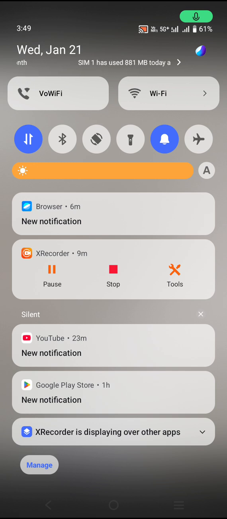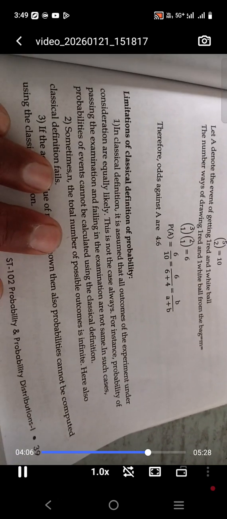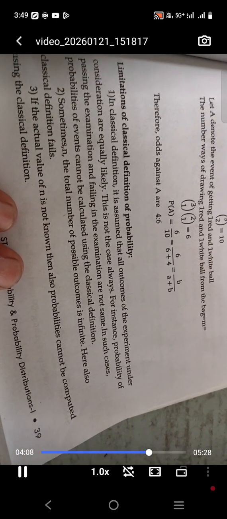Then we look at the limitations of the classical definition of probability. In the classical definition, it is assumed that all outcomes of the experiment under consideration are equally likely, and this is not always the case. For instance, the probability of passing an examination and failing an examination are not the same.